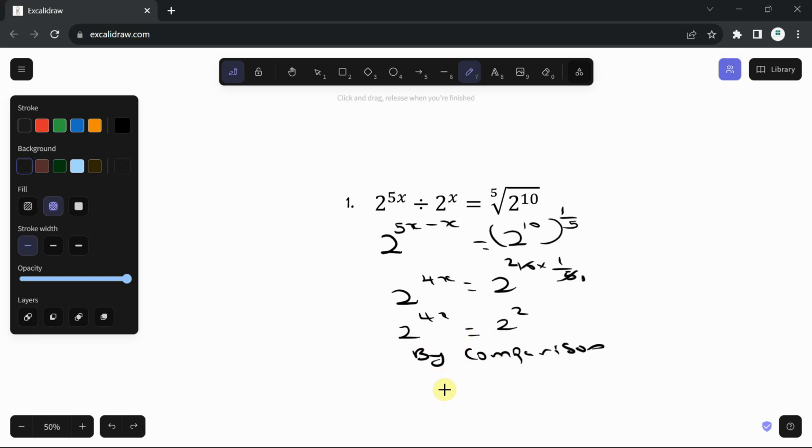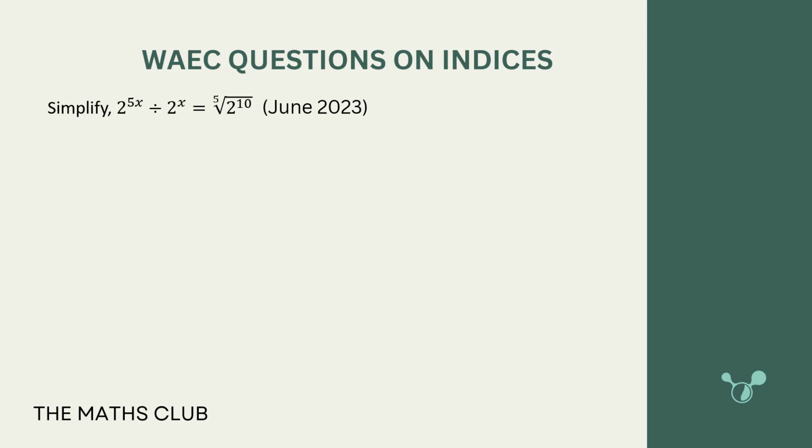These are some of the things that we've discussed in the previous videos. So I can compare the powers and say 4x is equal to 2. If I want to find x, I'll divide both sides by 4. 4 will cancel here, 4 will cancel here, 2 here 1, 2 here 2. So therefore, our x is equal to 1 over 2. Let's see if we are correct. So that will be option C.